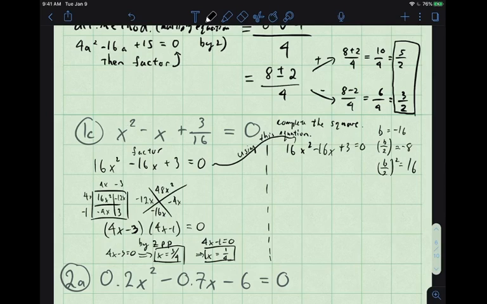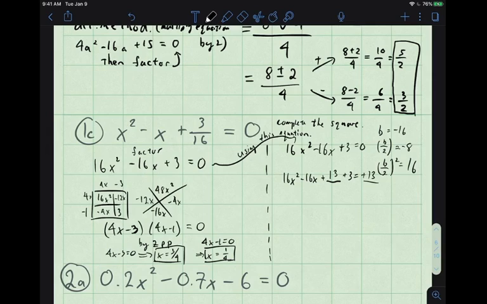So we think about 16x squared minus 16x plus 16. Let's see. Oops. So plus something, but we're already at 3. So we have to add on another 13 here.